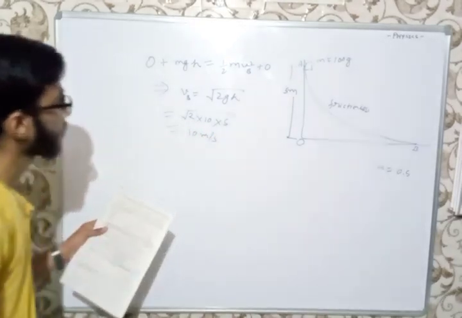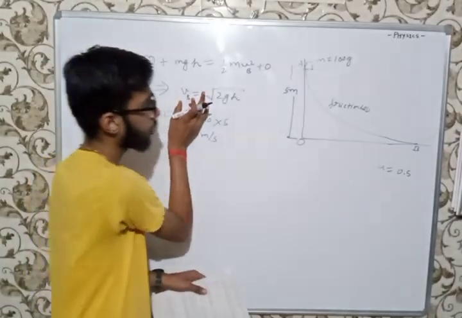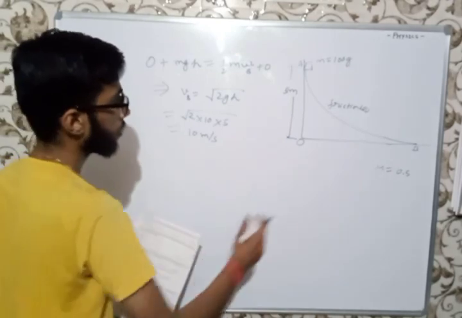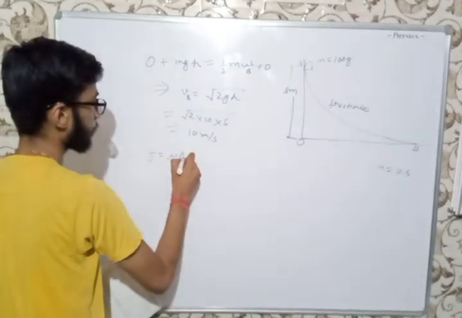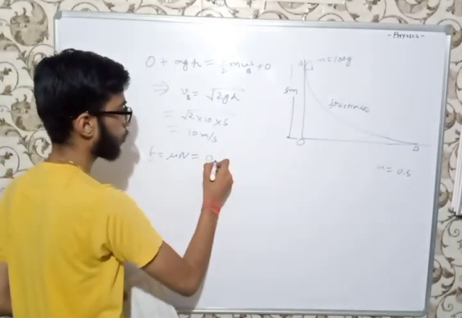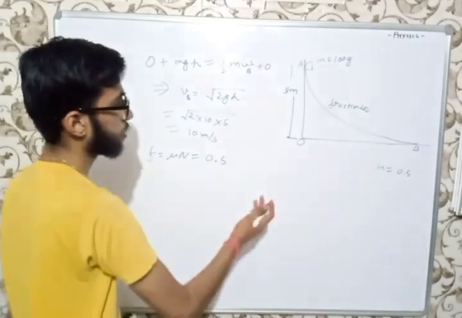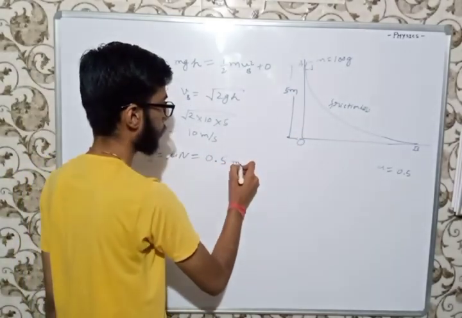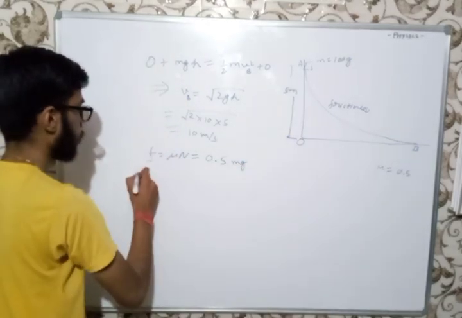At this point this velocity will work as the initial velocity, and the frictional force will be there. The value of friction force will be mu times N, so just put the value 0.5, and N is the normal reaction. Normal reaction will be simply the weight of the block, mg.